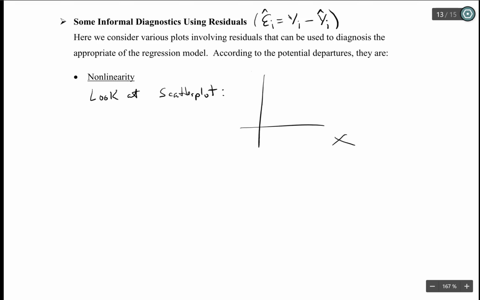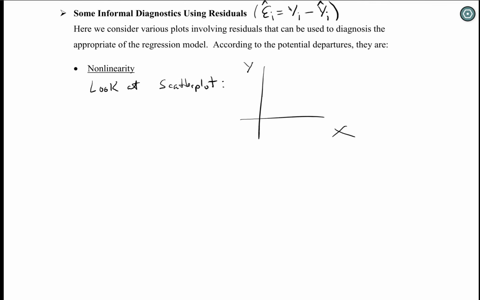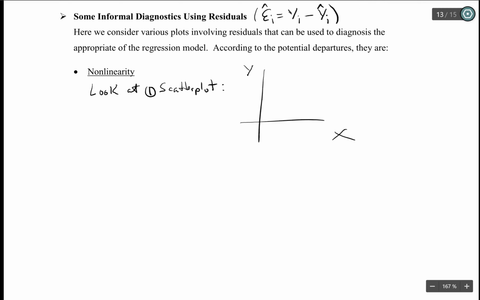That's just the plot of y versus x. And looking at the pattern there, if it looks linear, then that assumption seems reasonable. If the scatter plot is nonlinear, then you've got some issues there. Perhaps you want a different sort of model. Perhaps you want to transform the data. We won't get into that very much in this class, really, if at all. But that is something that could be done. You look at the scatter plot.